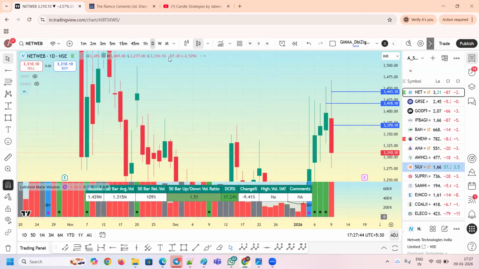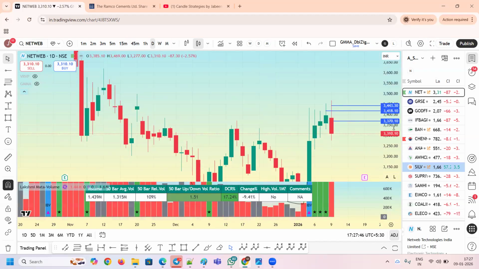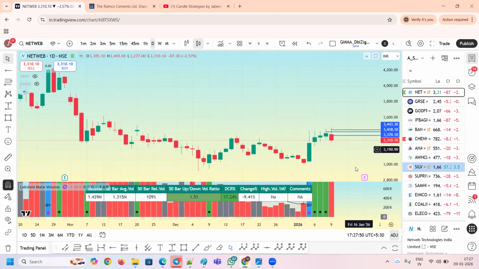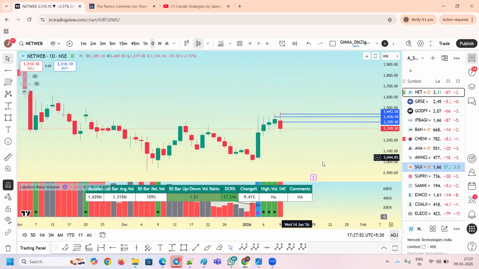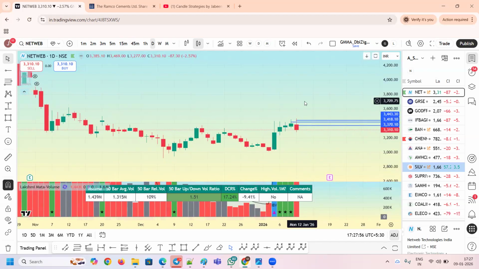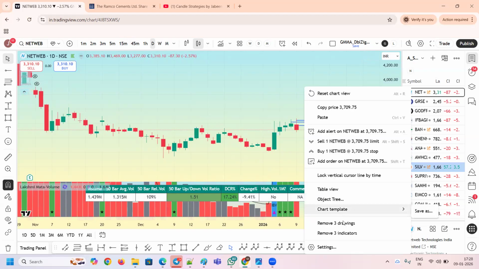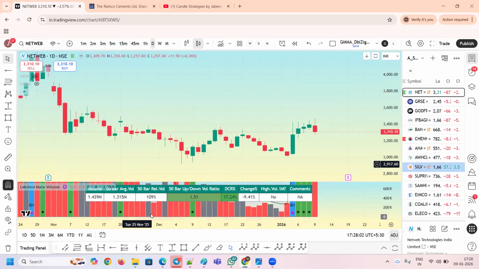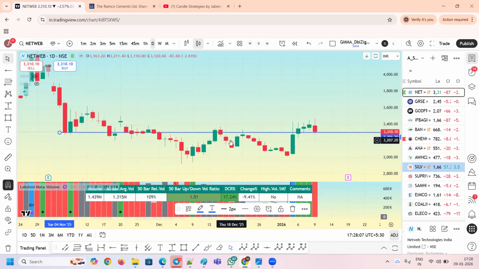Okay. From yesterday itself, I was having a doubt that it will come back, because see, whatever rules I tell you apply in the daily chart too. See, I will remove these things now. If you see this, got it?